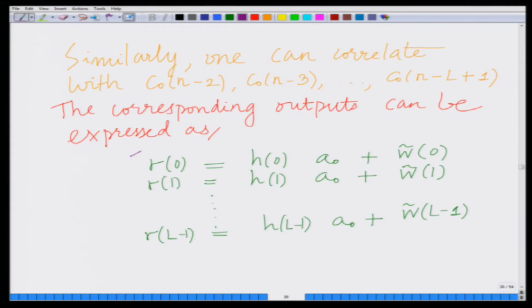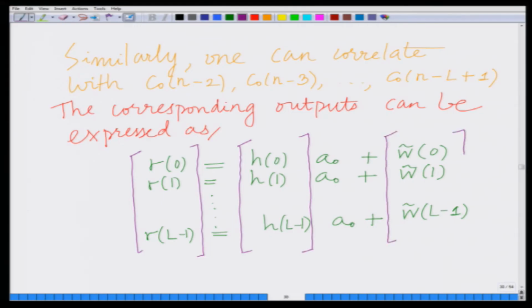Now, I can write these as a vector. These various outputs obtained by correlation with the various shifts of the code sequence C naught n, I can write as a vector. Therefore, I have R bar equals H bar times A naught plus W bar, where each element of W bar is Gaussian noise with mean 0 and variance sigma square.